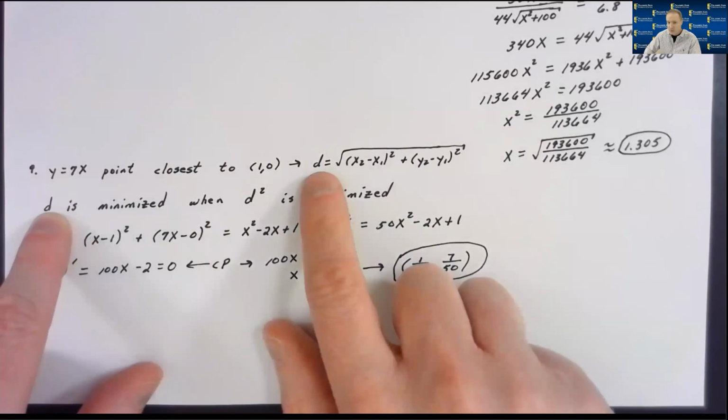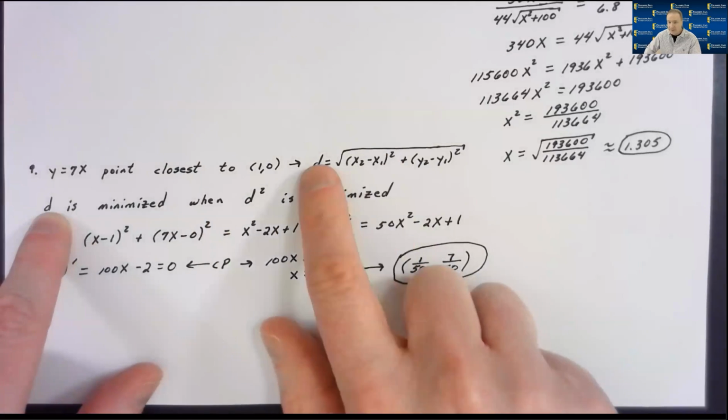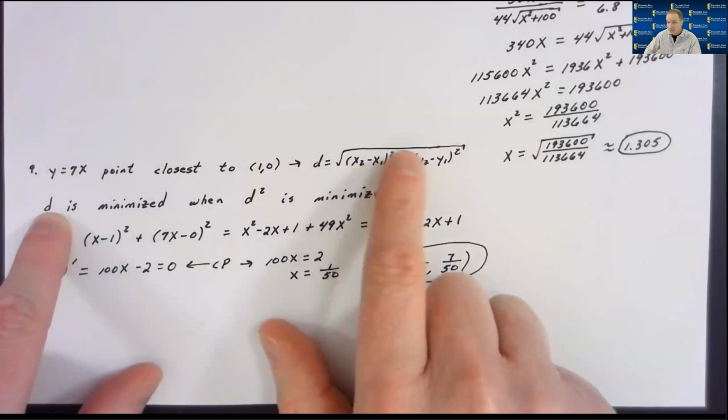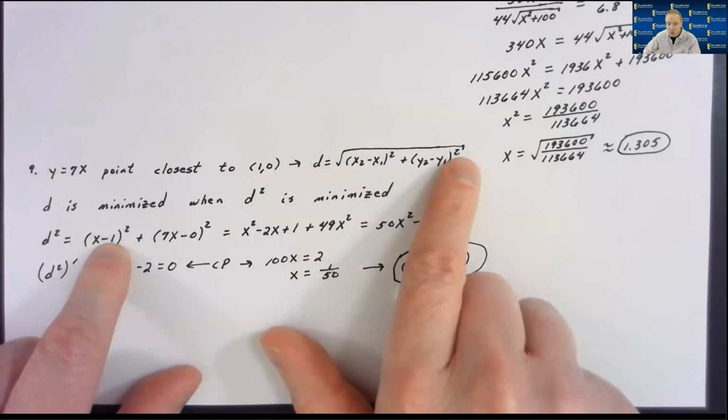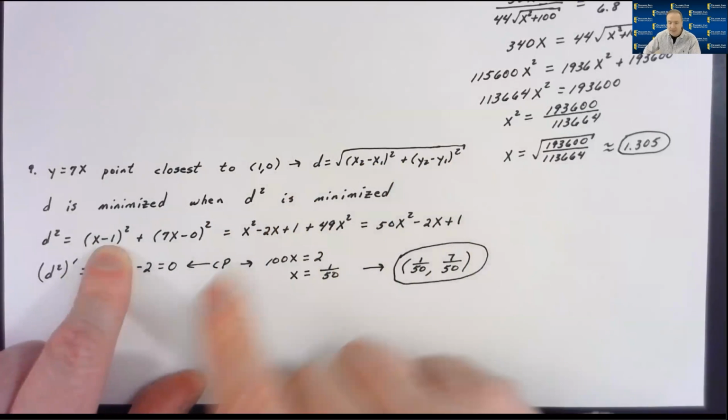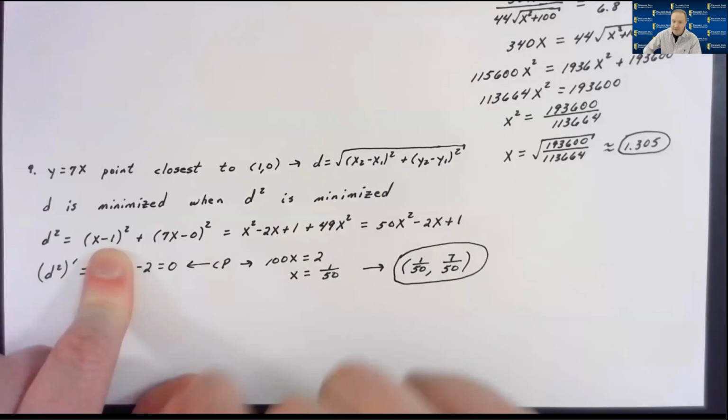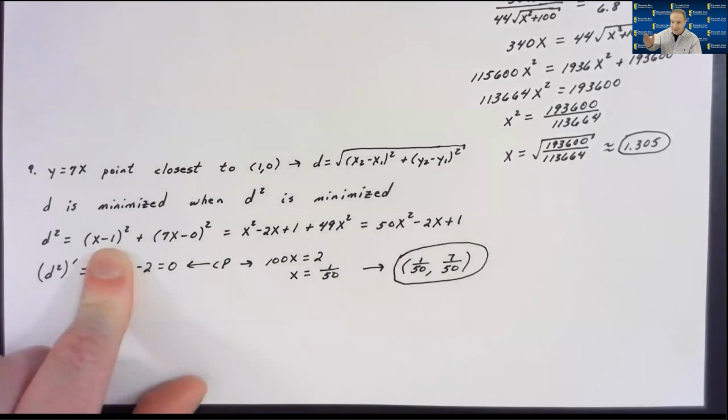So instead of worrying about this, I just said, well, then d squared is all of this without the square root around it. So then d squared is the function I need to minimize, to find the point on the line y equals 7x that's closest to the ordered pair (1, 0).